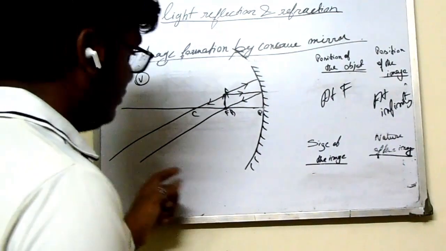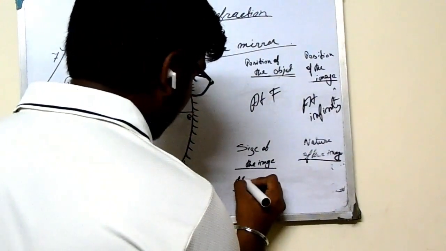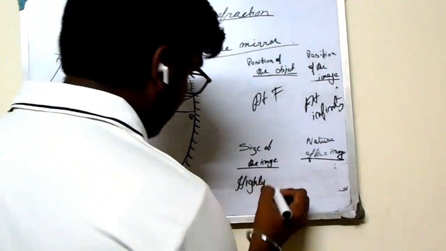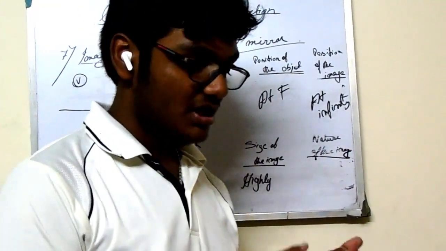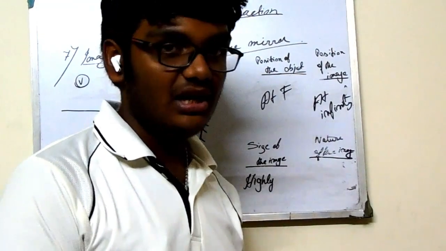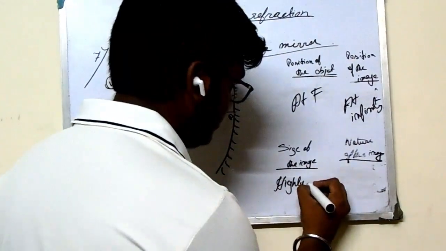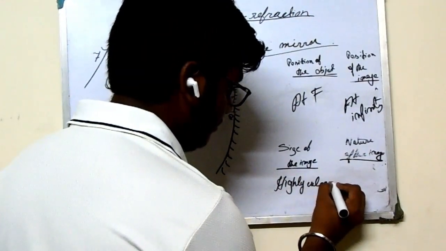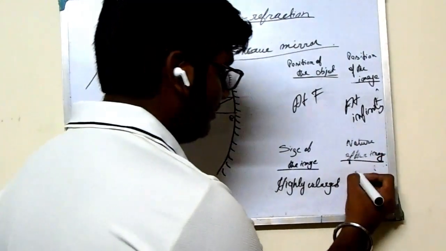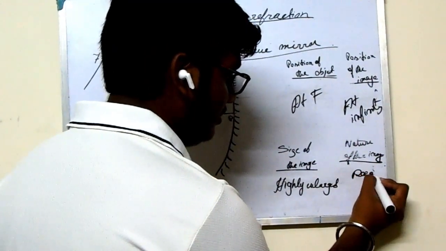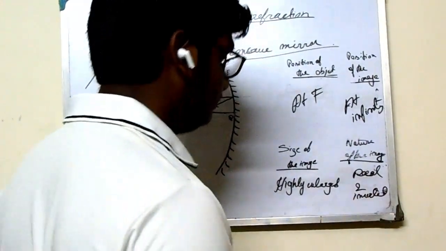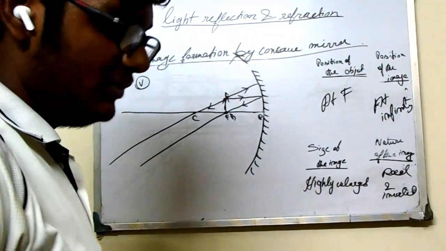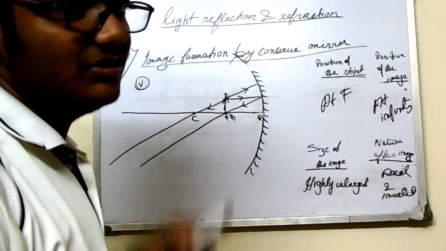Size of the image: highly enlarged. First we have seen highly diminished, same size, enlarged, highly enlarged. And nature of the image: real and inverted. Now we will see the sixth one.